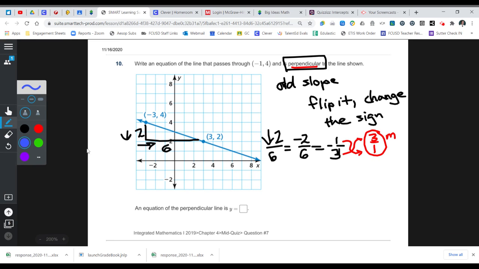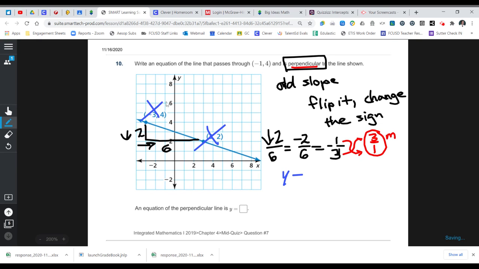Final steps are going to be to use point-slope form, distribute, and isolate the y. The same 3 steps we've used in the last several problems. Y minus. Now, which point am I going to use? Do I use the ones on the graph? No, these are the points on the old line. They want a line that passes through negative 1, 4.